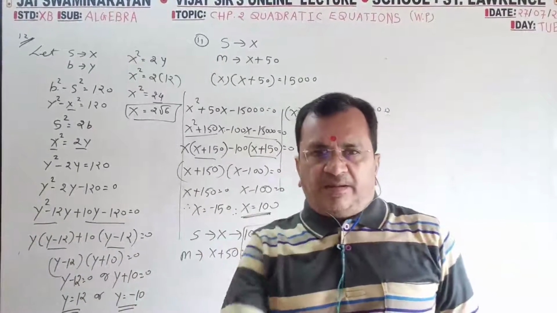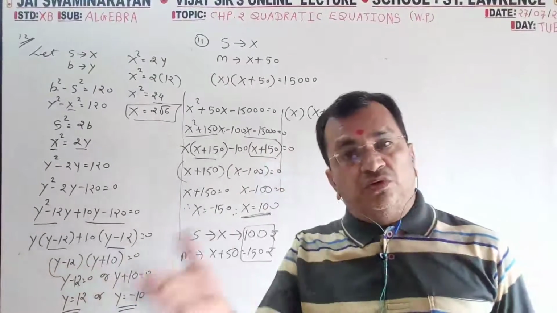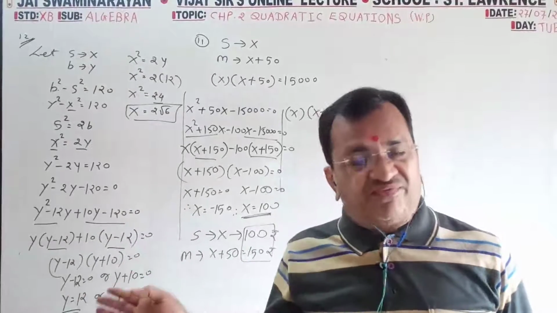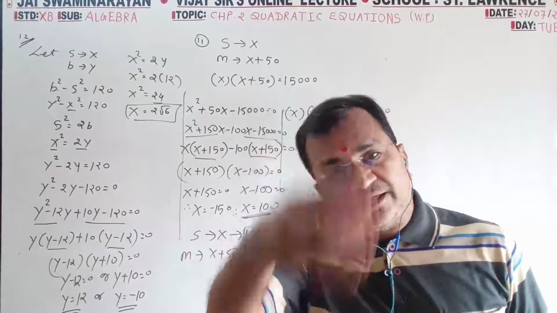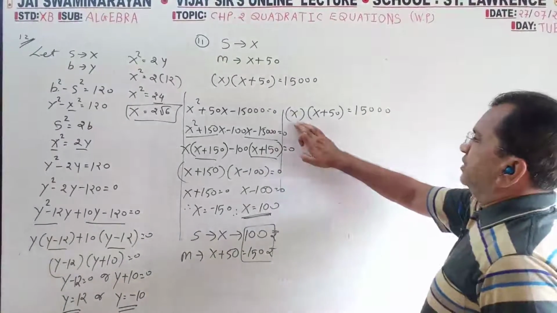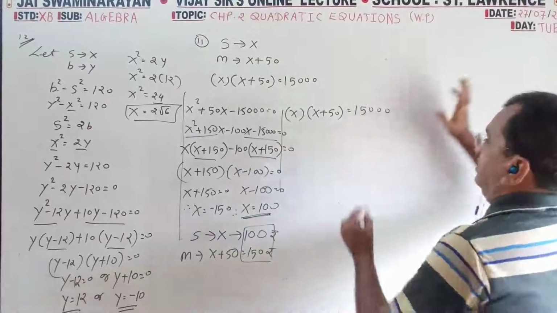Second best method: no need to go for factor, no need to go for common of common, no need to bifurcate. You will even not get a negative number, so no confusion. First bracket into second bracket, it is 15,000.